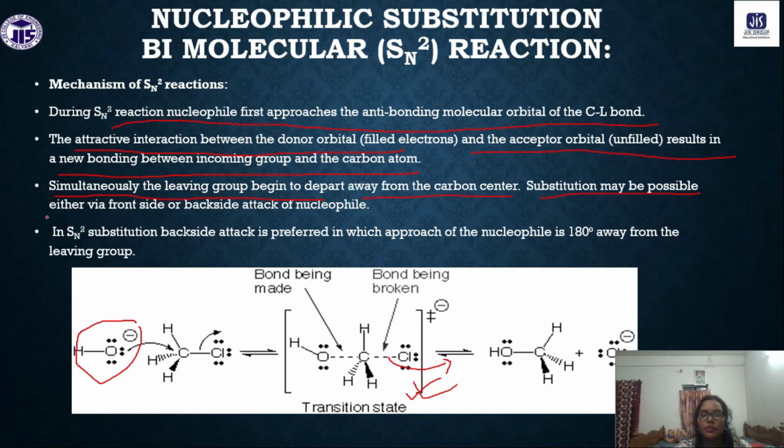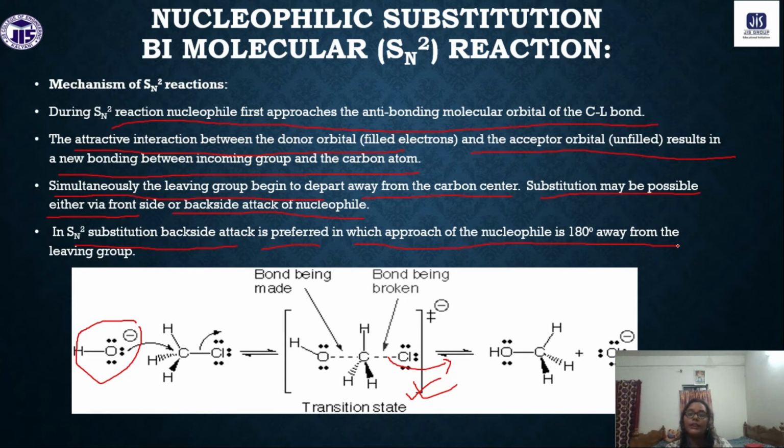Substitution may be possible via either front side or back side attack of the nucleophile. In SN2 substitution, the backside attack is preferred, in which the approach of the nucleophile is at 180 degrees, as the attachment and the departure of the group are simultaneous.